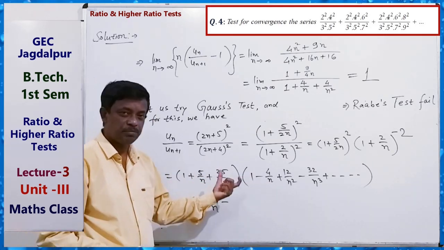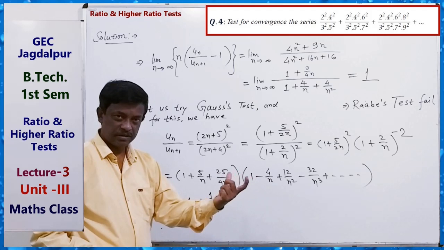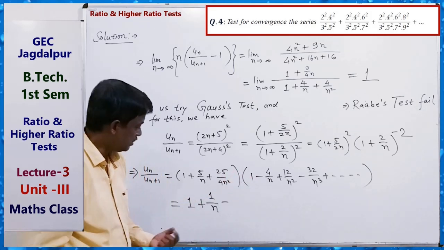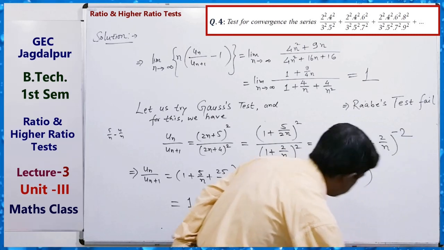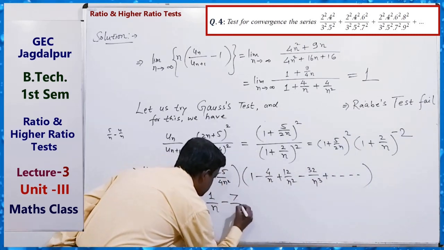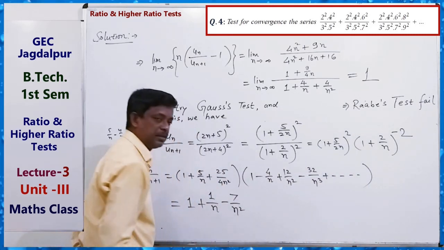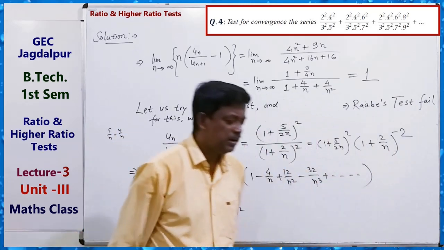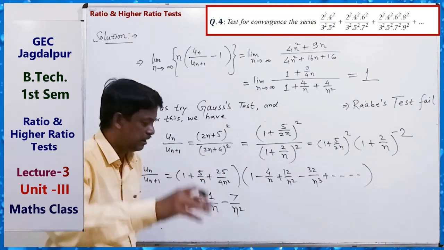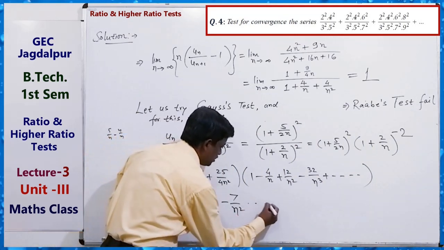So these 3 terms can be collected and adjusted like this. What? Minus 7 by n square. Clear? Minus 7 by n square, and infinitely you can write terms.